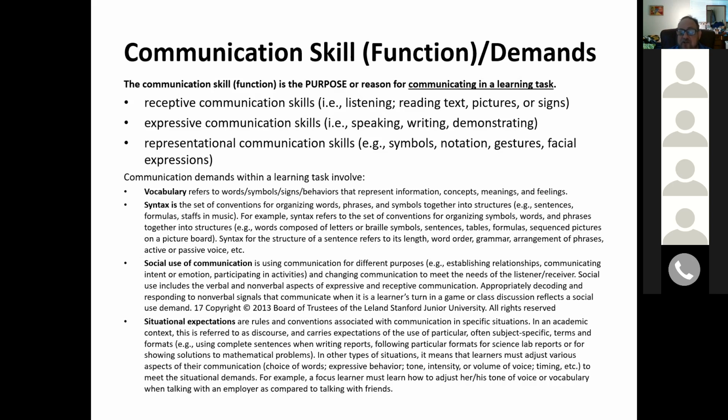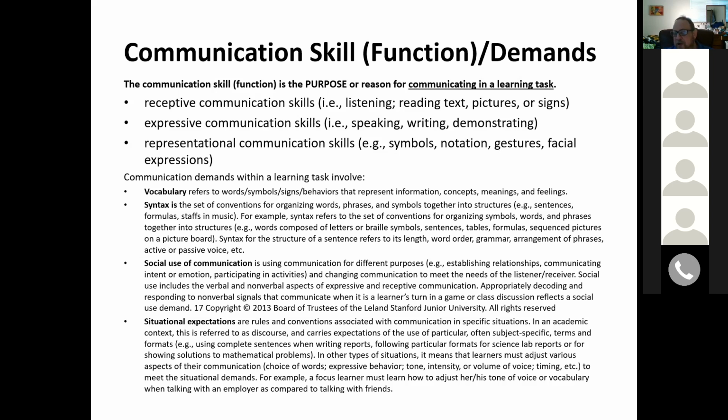Situational expectations are rules and conventions associated with communication in specific situations. In the academic context, this refers to discourse and carries expectations of the use of particular, often subject-specific terms and formats.